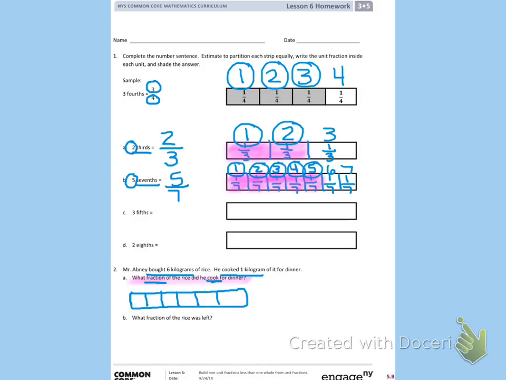And then I'll number to make sure I got 6. If he cooked 1 of those kilograms of rice, I could shade in 1 portion.